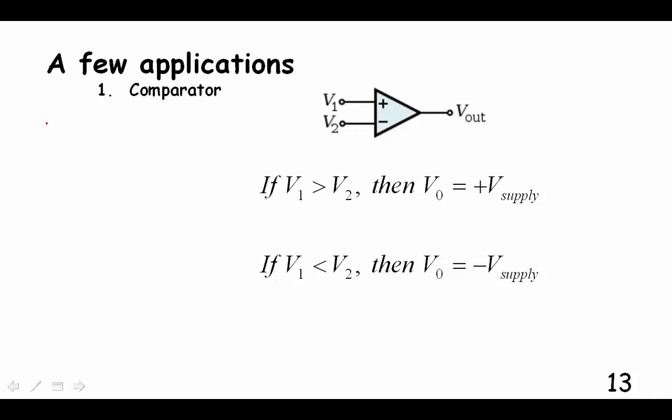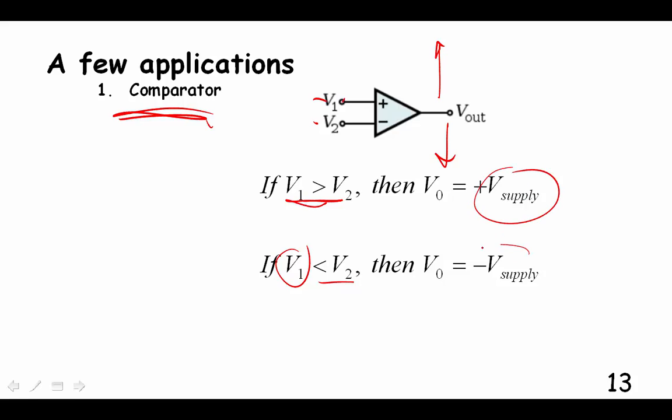Well, the first application we'll look at, we're going to run through a few simple applications, is a comparator. A comparator is a device that compares two voltages and gives a high voltage if V1 is greater than V2, and if V1 is less than V2, then it'll give a low voltage, and the output of the op amp will be the supply voltage.